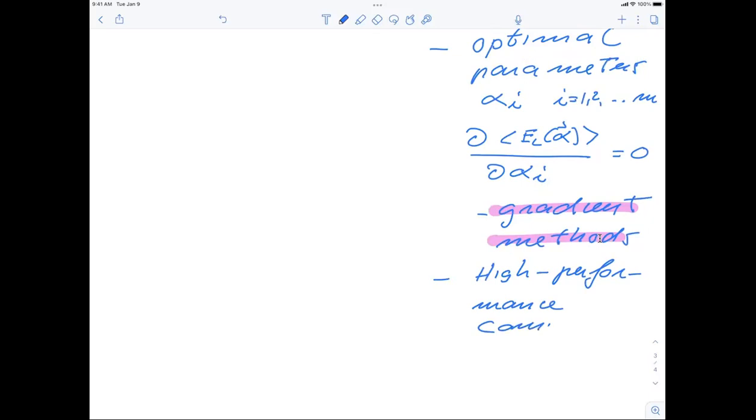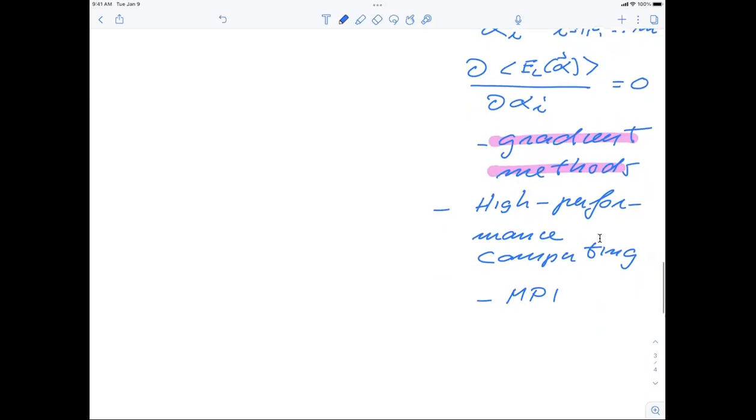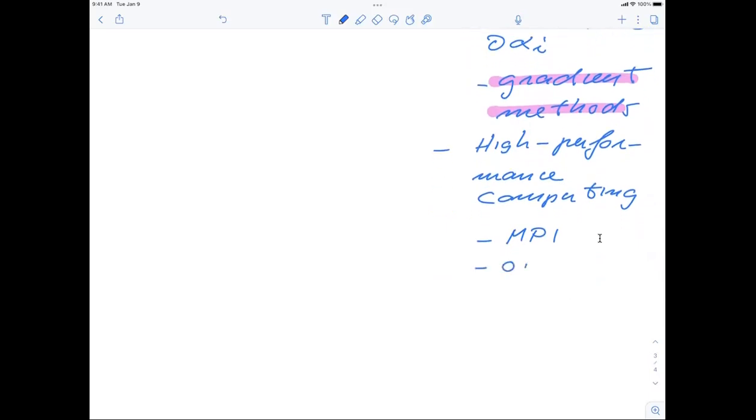So this leads to topics like parallelization, and this is normally done with MPI, message passing interface, or OpenMP.